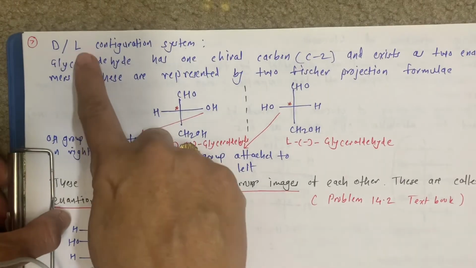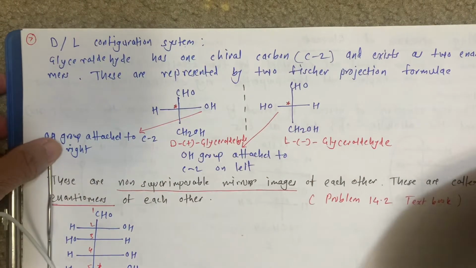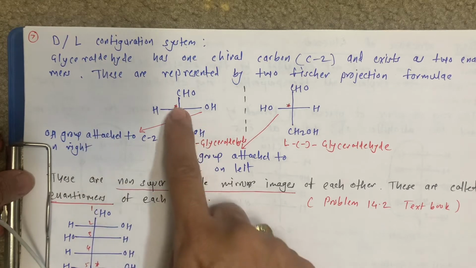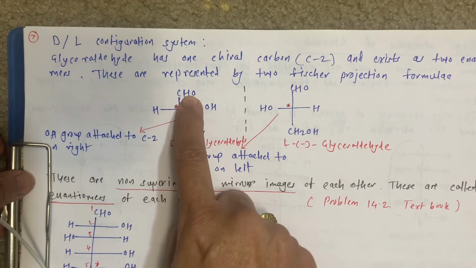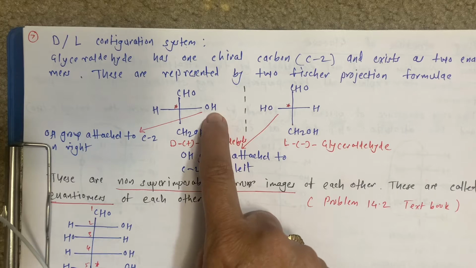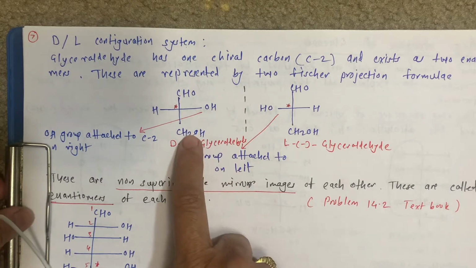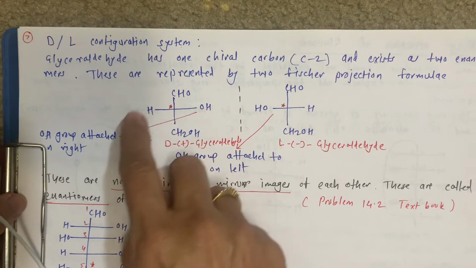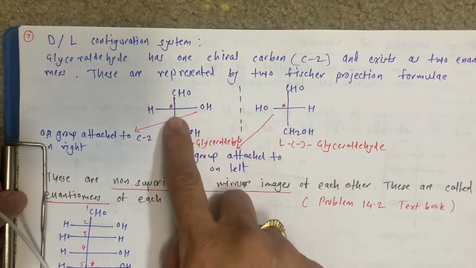So here it is the DL configuration system. For that we take the example of glyceraldehyde. This is the carbon, to this carbon one aldehyde group, one primary alcohol group and one H. This is glyceraldehyde. It has one chiral carbon.